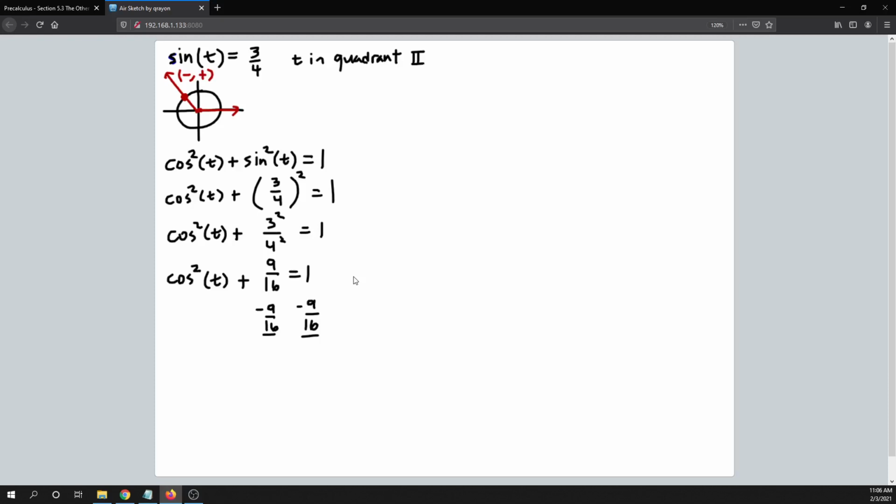I need a common denominator, so I'm going to have to write 1 as some number over 16, and it's going to be 16, because 16 divided by 16 is equal to 1. So now 16/16 minus 9/16 I can do because there's a common denominator. So I get cosine squared, 16 minus 9 is 7. So I get cosine squared equals 7/16.